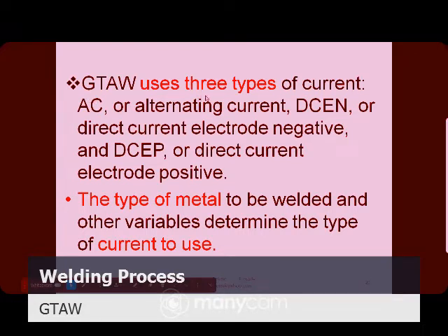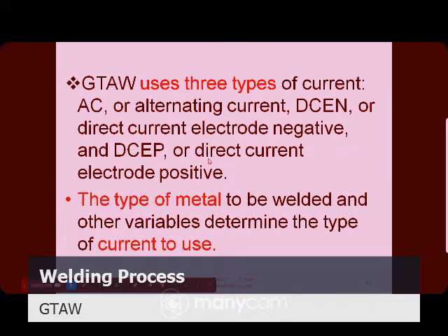So gas tungsten arc welding uses three types of currents. We can use an AC power source, or we can use DC, and also two polarities: direct current electrode negative and direct current electrode positive. We can select depending on different variables.